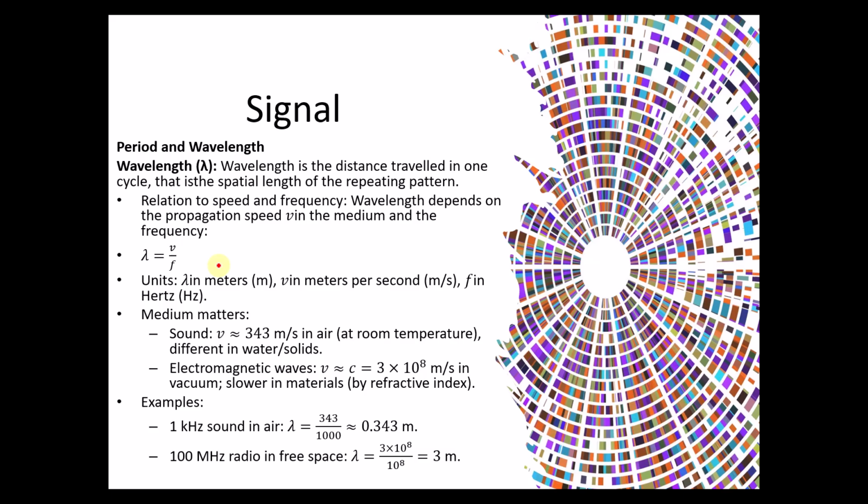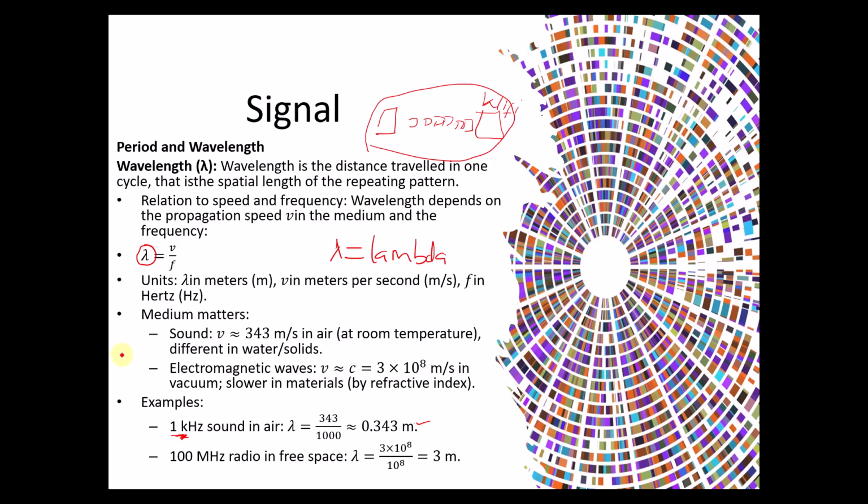How do we measure wavelength? In calculating wavelength, we say it is a relationship between the velocity and the frequency of a signal. And the velocity in air differs from the velocity in vacuum. So let's say for a sound, for instance, if you speak, your sound is in the air.